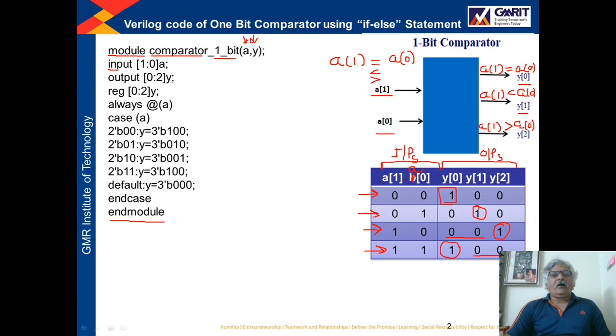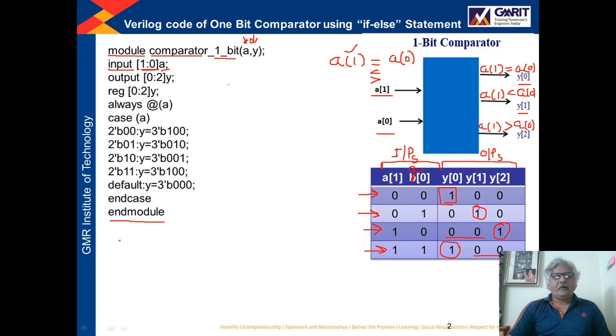Now I am declaring the input ports. For that I am using the keyword input. Now I am mentioning the range because I want to create the vectors. So the range is 1 colon 0 A. With this my A1 and A0 will be created, right?